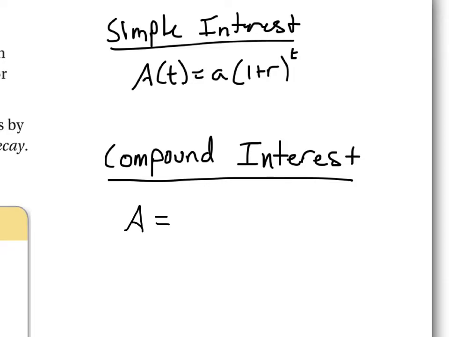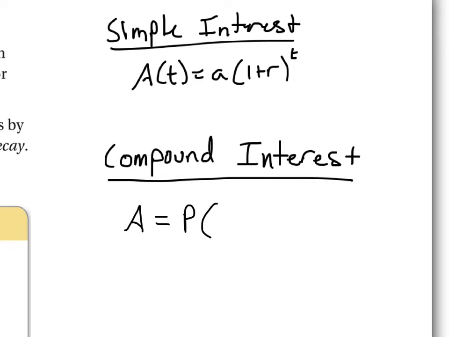Now, rather than little a, which is the initial amount, in finance we call that the principal. It's the principal amount that you deposit into the account, or the principal amount that you borrow from the bank. So that's capital P, principal. It still means the same thing as what little a did in yesterday's formula.